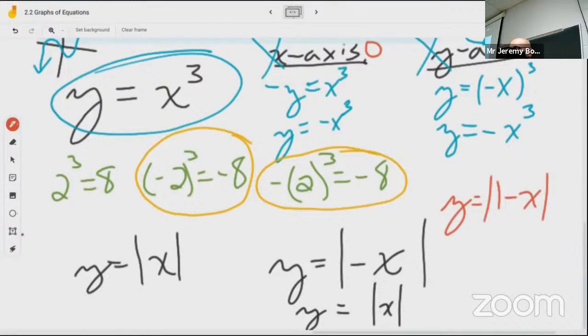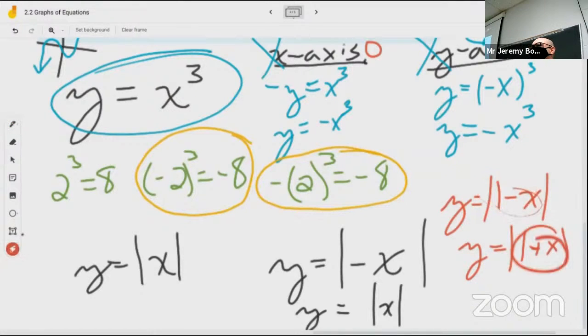If you do 1 minus the absolute value of 1 minus x, that doesn't evaluate to be 1 plus x, right? Because this whole number is going to be totally different depending on what's in there. If x was 3, this would be negative 2, which then you take the absolute value would be 2. This would be now 4. So you can't do that. Don't do that.